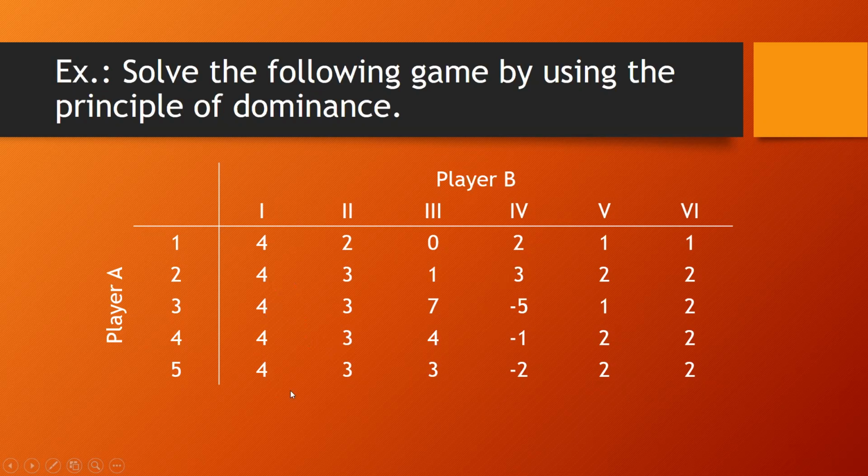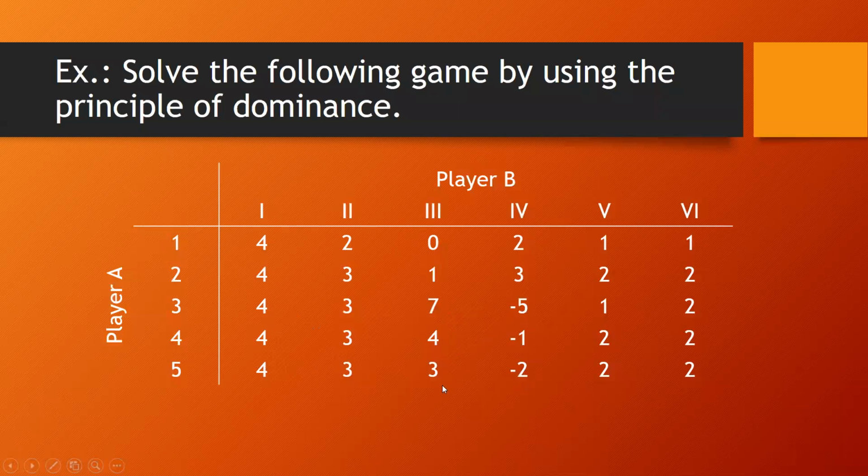I think there's no change here. Let us check 3 and 4. Again there is 7 and 4, but -5 is less, so we cannot do anything here. Compare 3 and 5. Again, 7 and 3, 7 is greater, but -5 is less than -2. So no changes here.